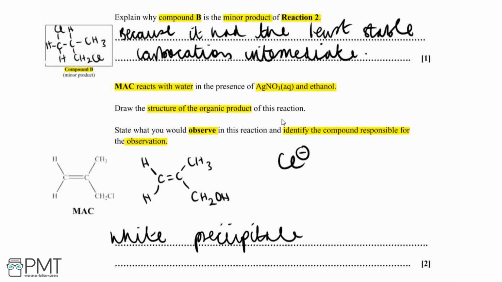We get a precipitation reaction between these, where we produce silver chloride, which will be that white solid, that white precipitate. For this question, there was 1 mark for the structure of the organic product and 1 mark for identifying that we've got a white precipitate as our observation and that the compound responsible for this was silver chloride. So you need both of those last points in order to get that second mark overall.